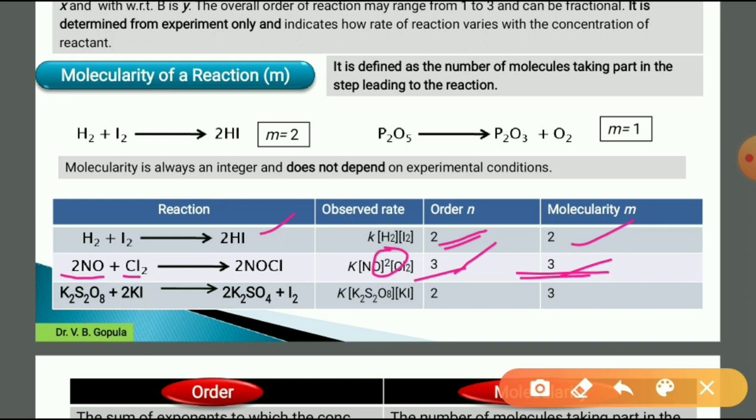Now again, if you look at the third example, K2S2O8 reacts with two molecules of KI to give 2 K2SO4 plus I2.